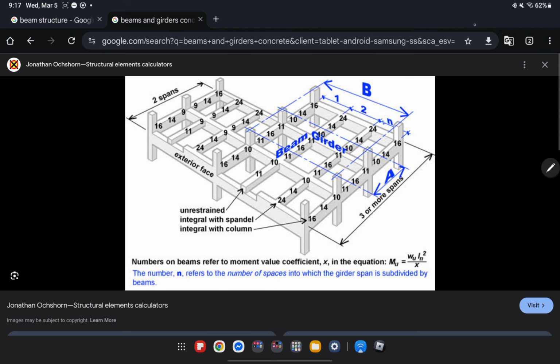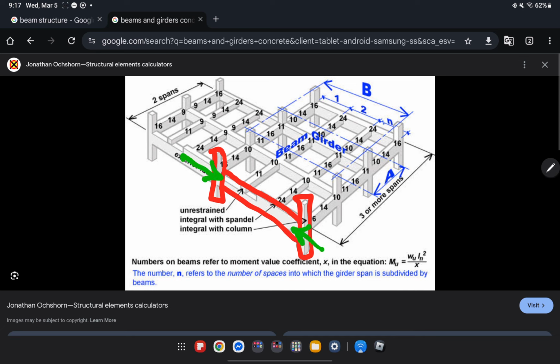So if this is your column, this one and this one, the structure that connects the columns together is what we call girders, because when there is load, there is a tendency for these columns to push towards the girder.